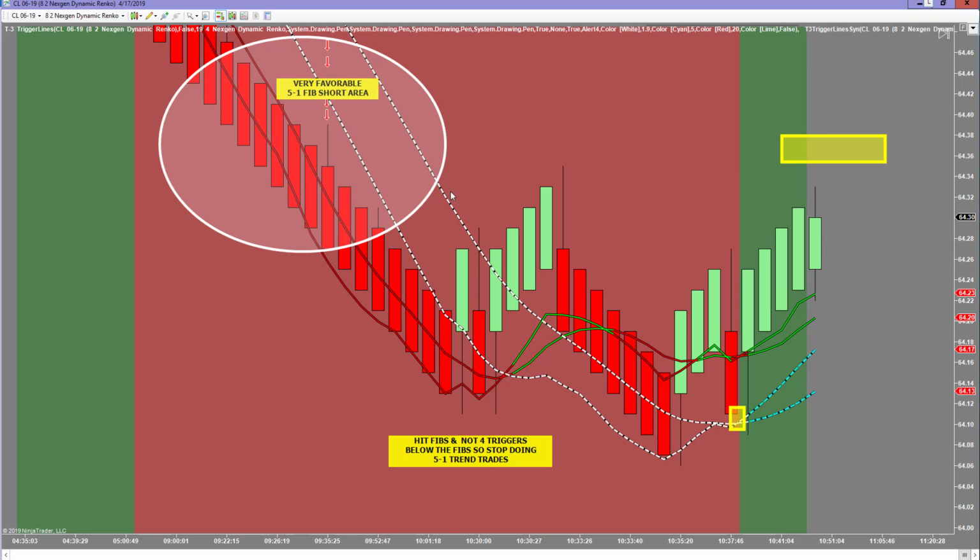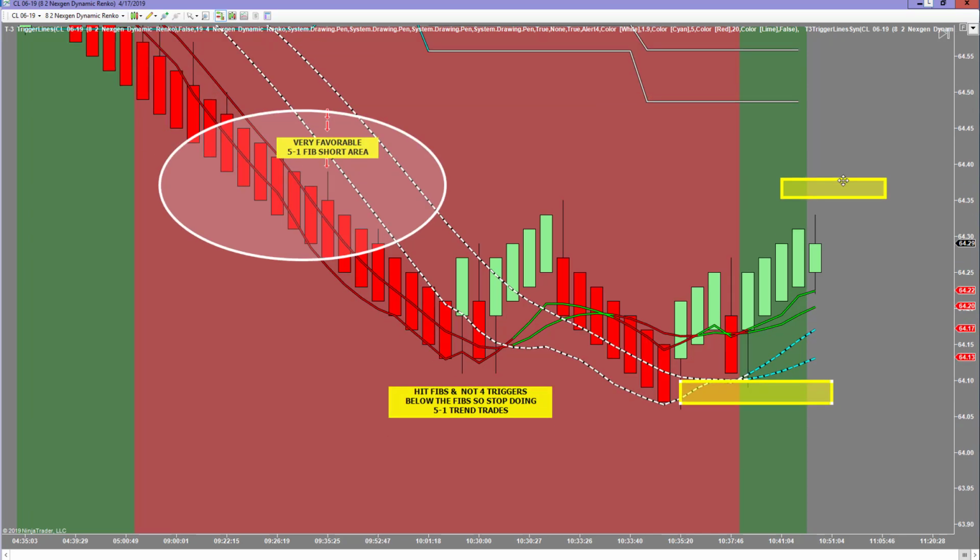When the triggers don't look like that, like right here, we have a better chance of going against the trend. All right, questions?